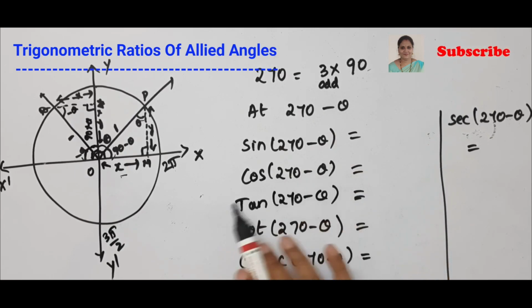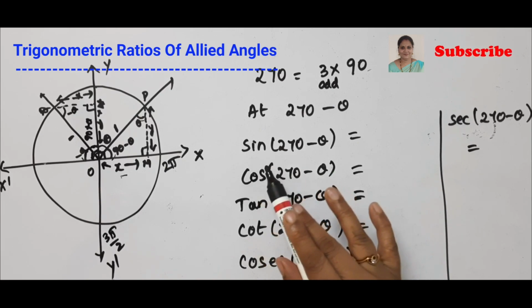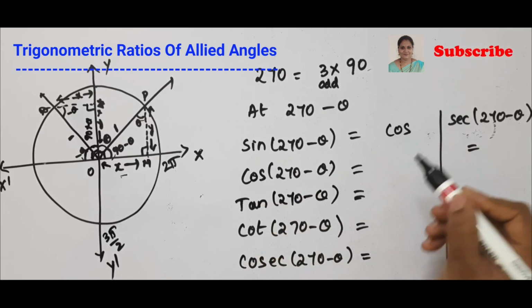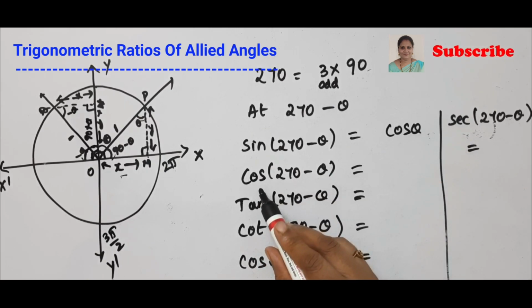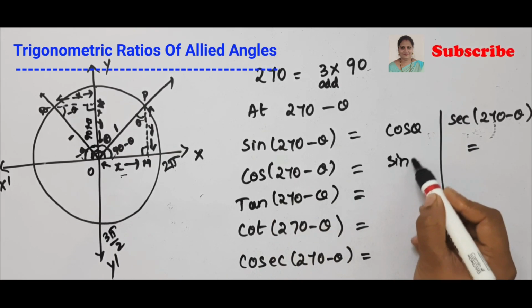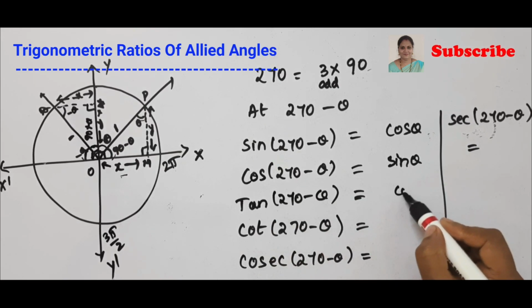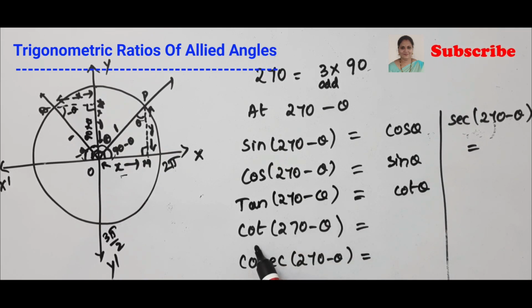So simply change the trigonometric ratios first. Sine changes to cos theta, cos changes to sin theta, tan changes to cot theta, cot changes to tan theta, cosecant changes to secant theta, secant changes to cosecant theta.